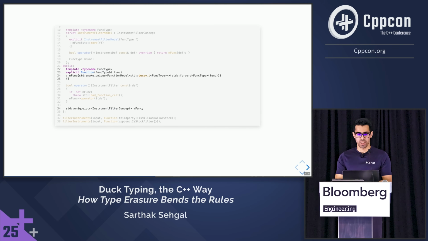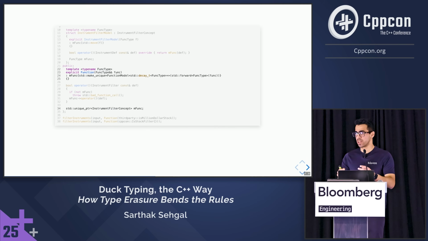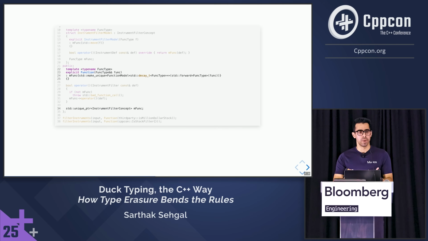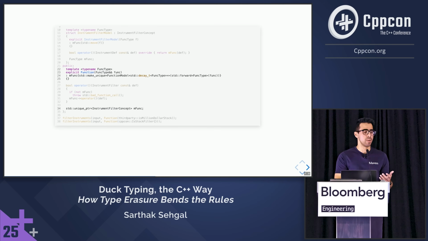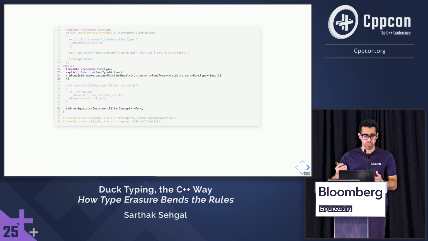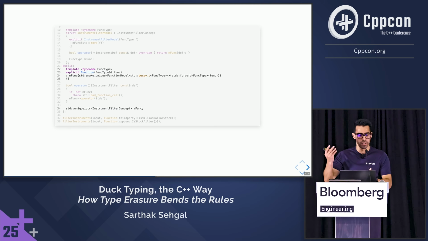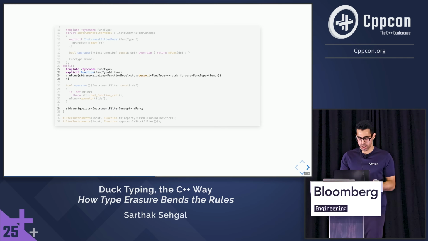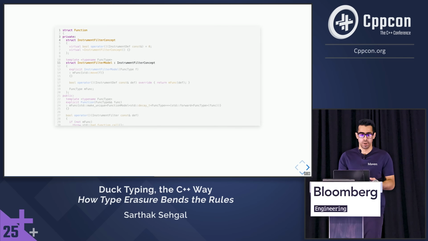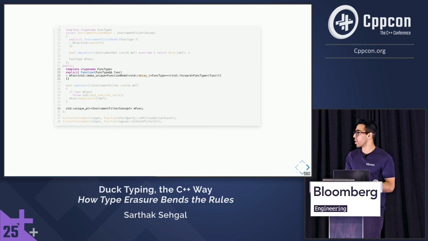So basically, the requirement was that I have these different functions, and the client needs to wrap them inside an instrument filter model and pass it to my function filter instrument definitions. But all I've done is create basically a wrapper for all of this. I've created this function type, which has a templated constructor.